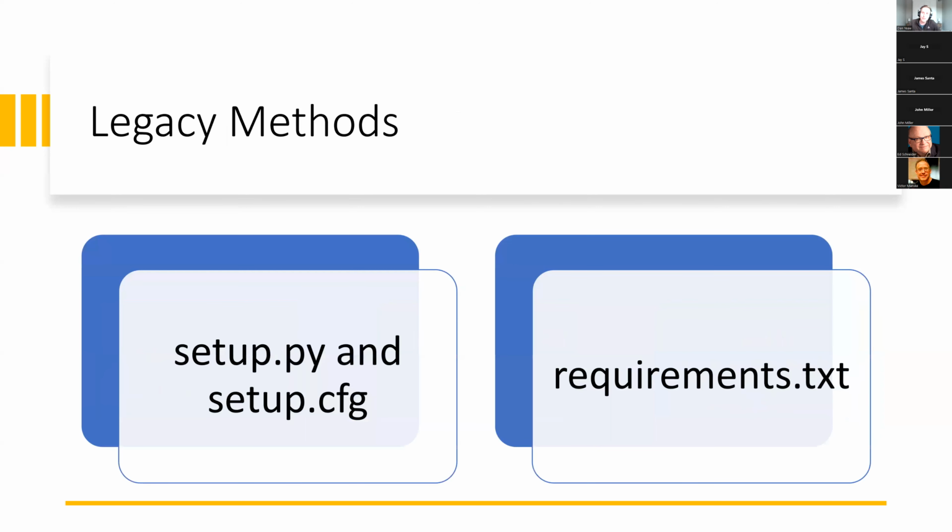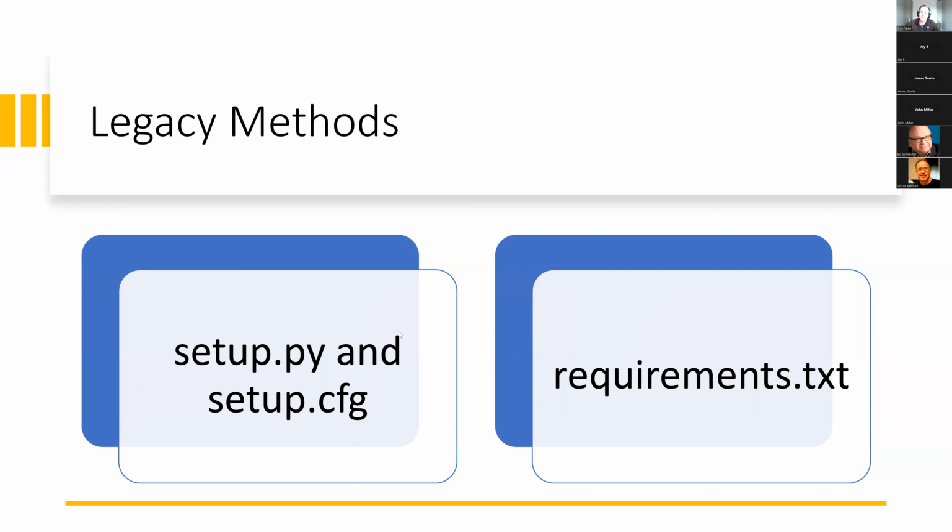The kind of legacy methods we had in Python for this is a setup script called setup.py and a configuration file called setup.config. And when you would go to install this Python library, it would actually execute this setup script, this is Python code, and then it's able to build and configure the Python that you're trying to install using that setup.py and setup.config.